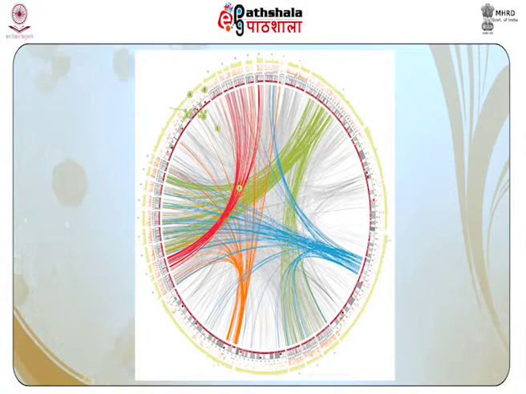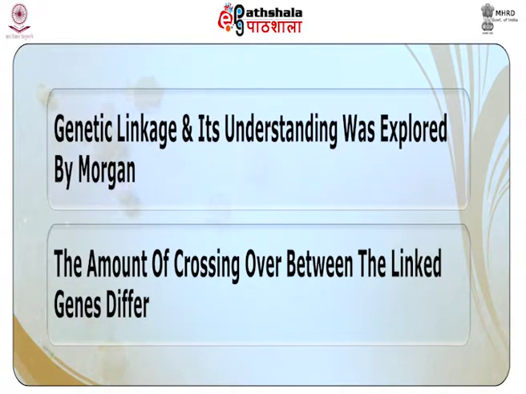It was discovered by British geneticists William Bateson, Saunders, and Punnett immediately after the rediscovery of Mendel's law. Genetic linkage was further explored by Morgan's work, which showed that the amount of crossing over between linked genes differs, which led to the idea of crossover frequency.